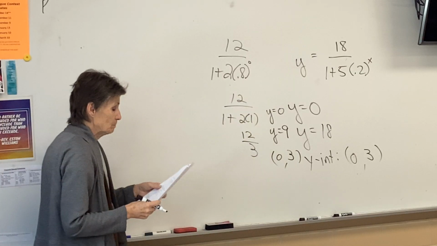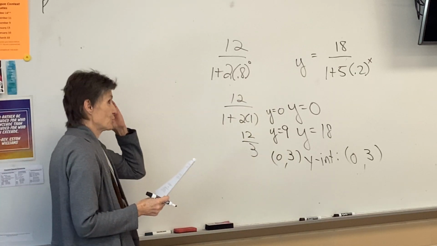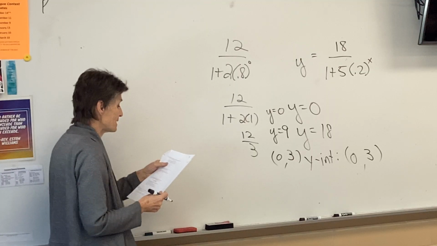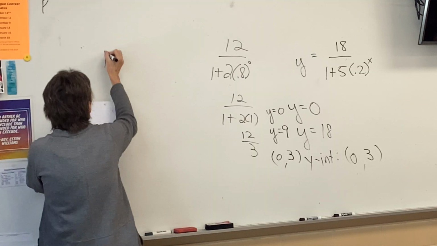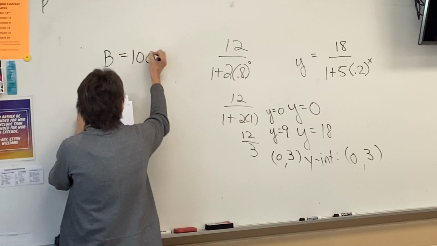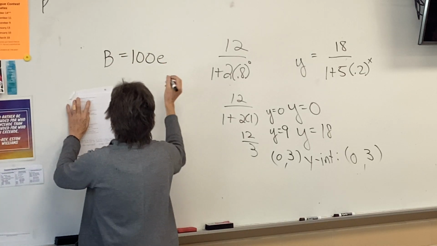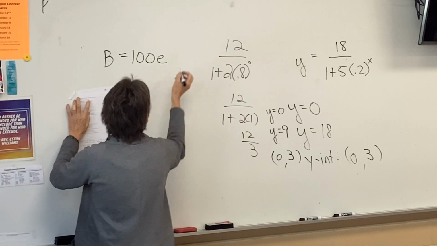All right, here we go. The number of bacteria in a petri dish is given by this number, 100 e to the 0.693t.